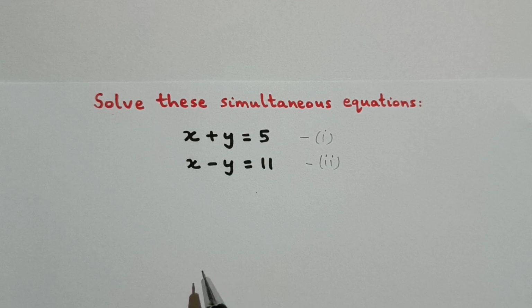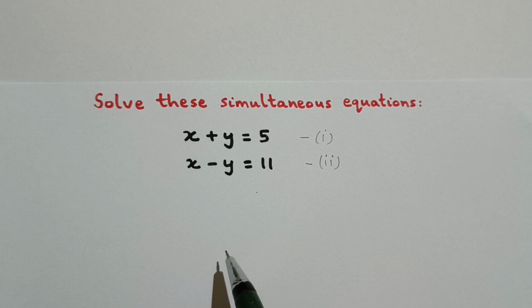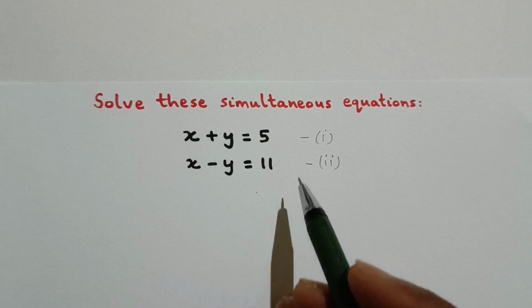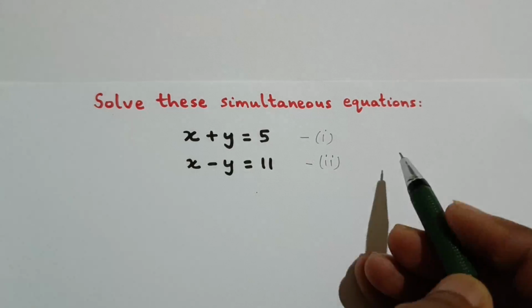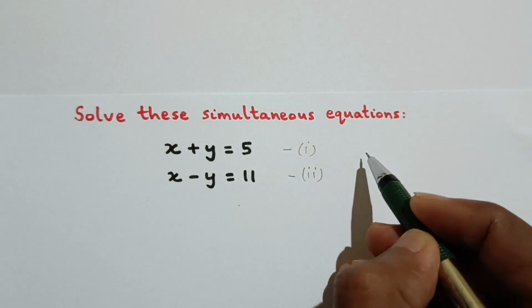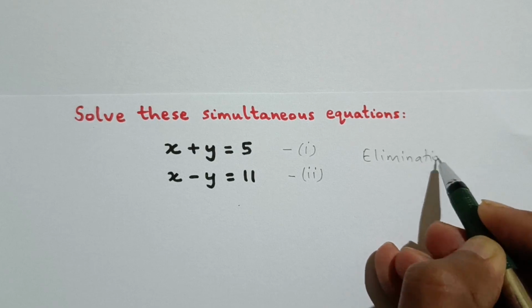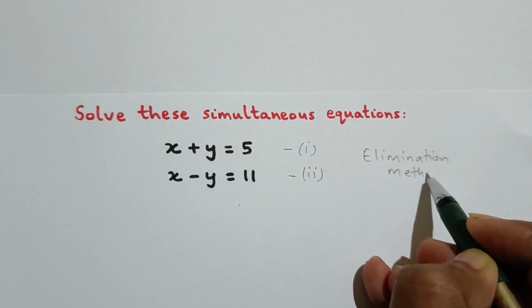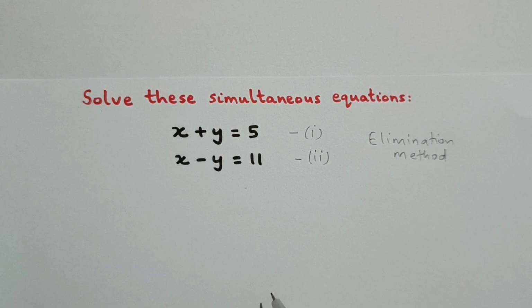So there are many methods to solve simultaneous equations. In this video, I am going to solve by the elimination method. In the elimination method, we eliminate one of the variables.